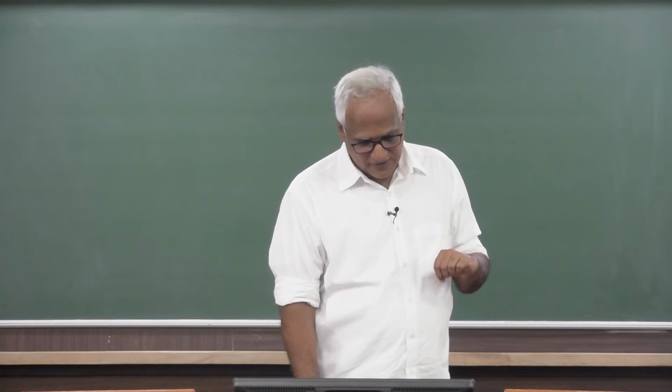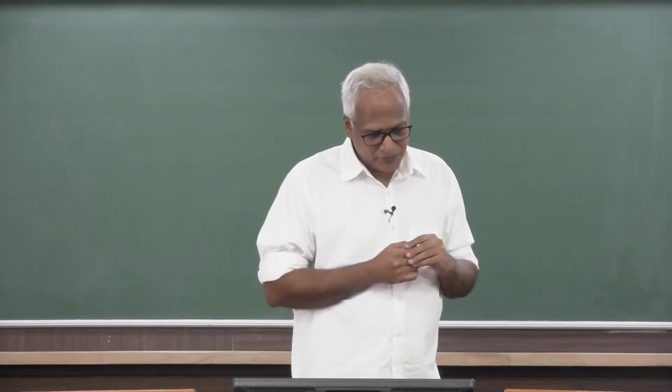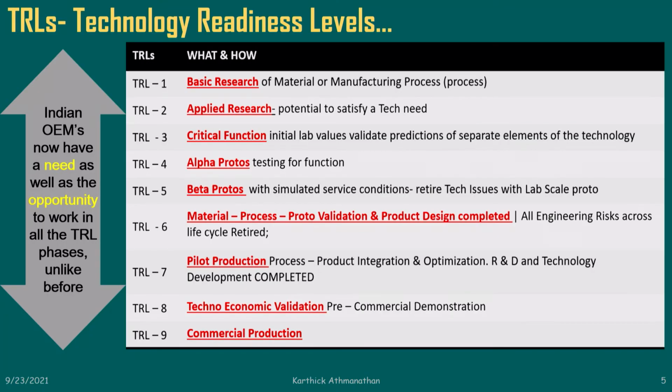And one lovely part about e-mobility is, in India, this is the first time where we can actually do work across the levels. Otherwise, in most cases, we start at TRL 6 or TRL 7. But this time in e-mobility, India has the potential and is already doing work from TRL 1 all the way up to TRL 9. We need to do much more than what we are doing, and we need to be better coordinated, but it is happening quite well.